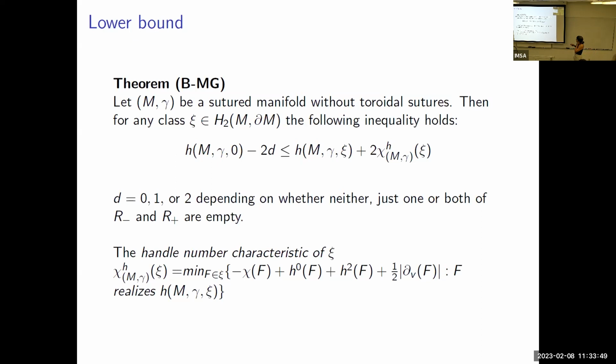Observe that in the previous upper bound, these three numbers were the ones interacting, and in this lower bound there is this new thing. This number is called the handle number characteristic of the second homology class, and it is a kind of Euler characteristic.